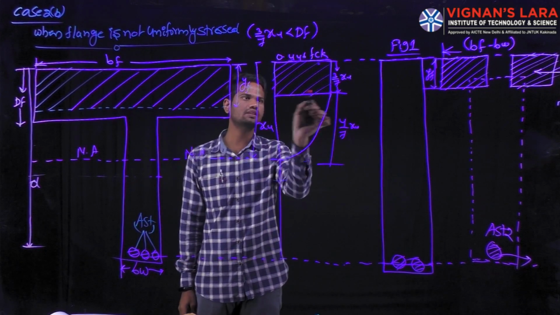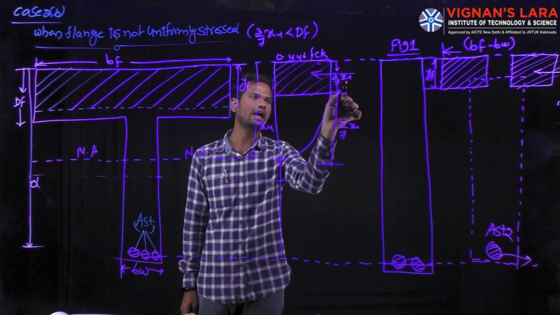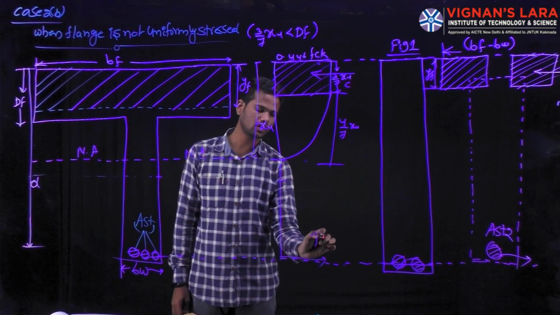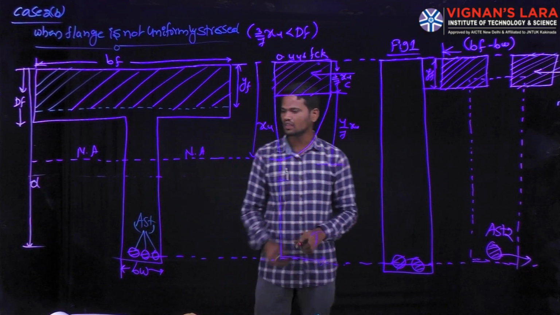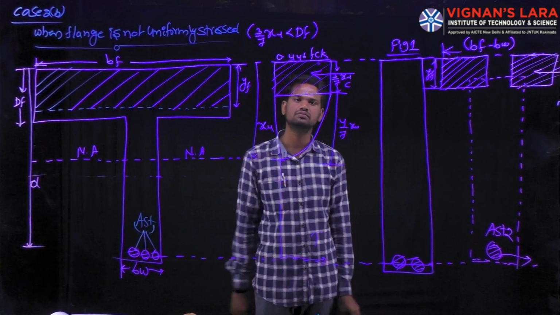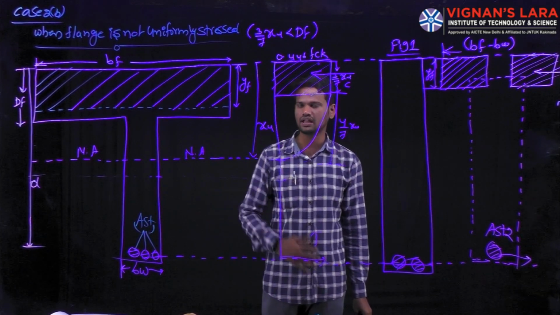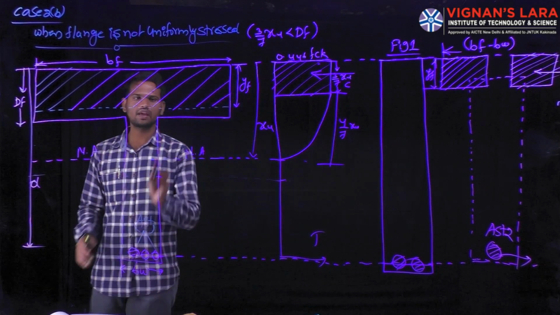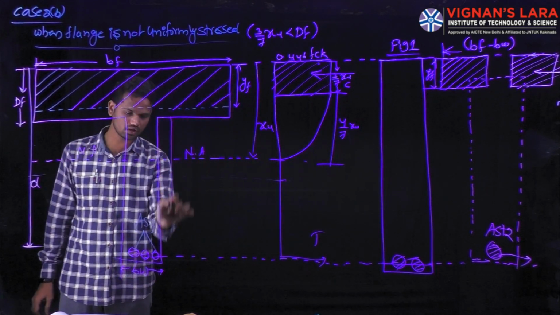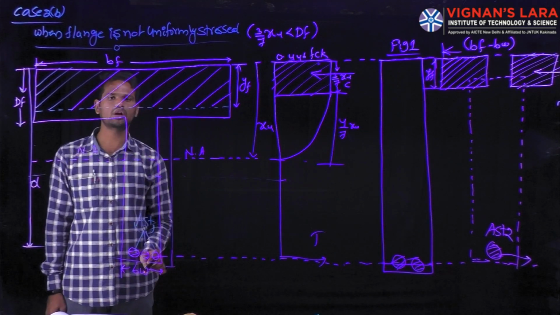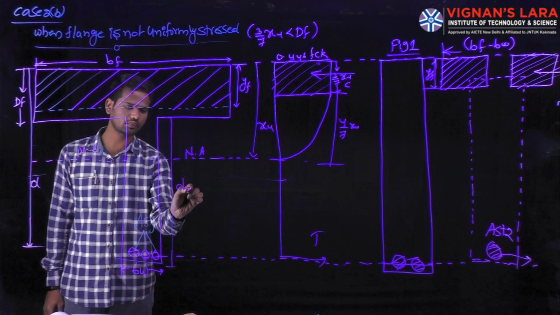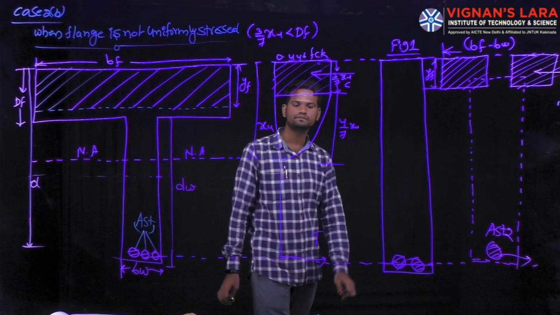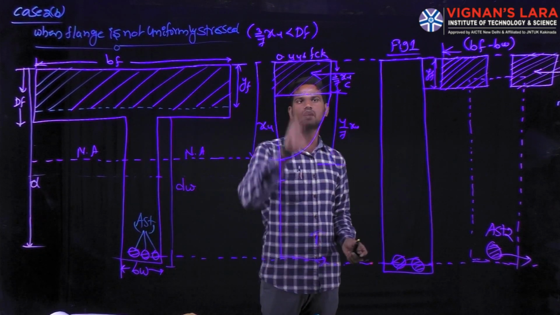In this direction we have the total compressive force, and in this way the total tensile force T, and here we provide the bottom area of steel to resist the tension. BW is the width of the web, and from the bottom of the flange up to the bottom of the concrete we have the depth of the web, which we name DW. This is the stress block parameter.